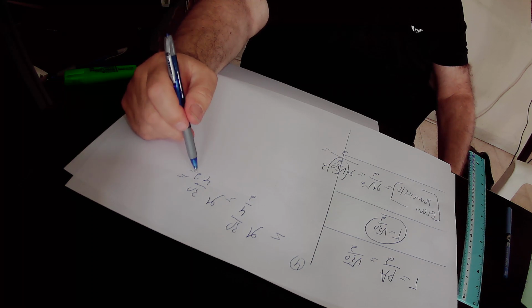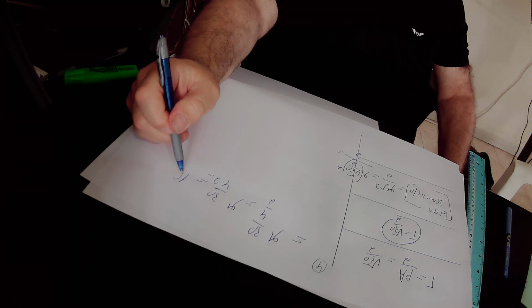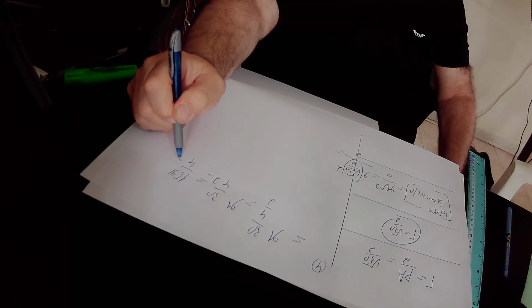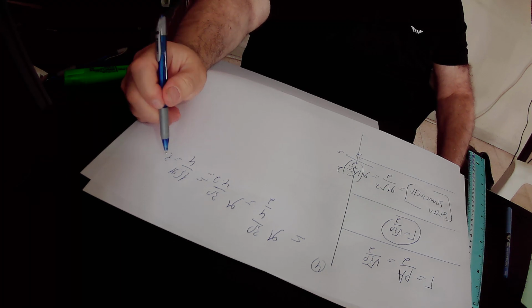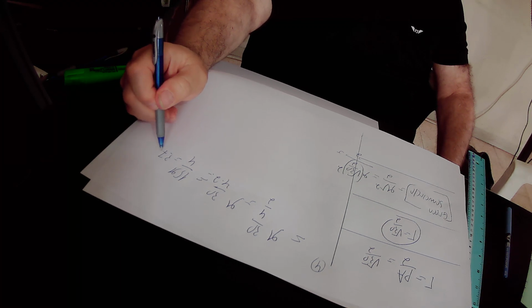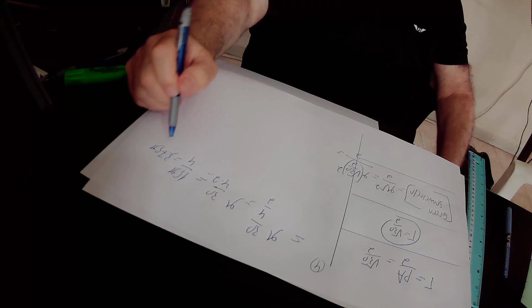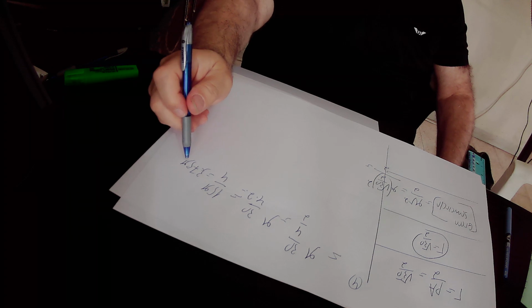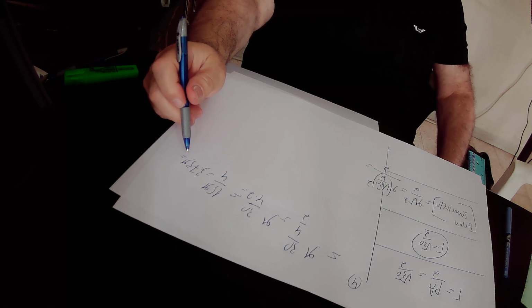Here, 30 over 2 is 15. So in total, this expression equals 15 pi over 4. 15 over 4 is 3.75. So in total, this expression equals 3.75 pi.